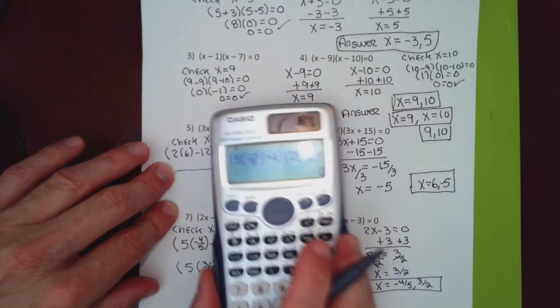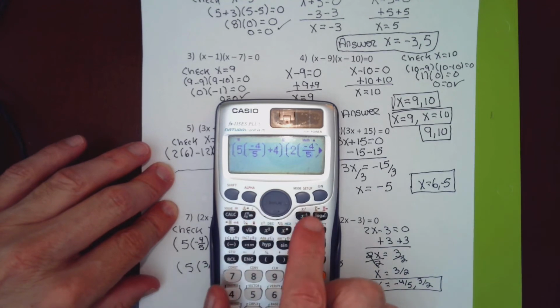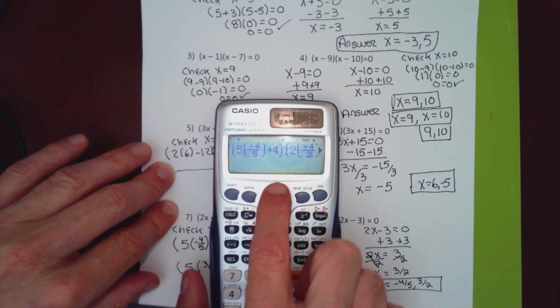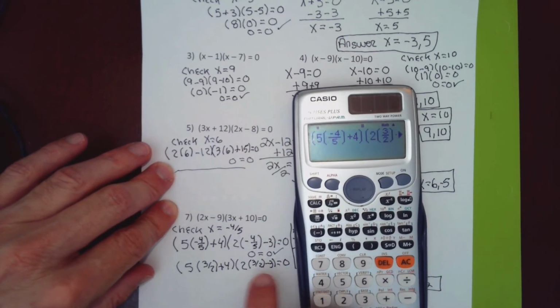I'm going to cheat check. On my calculator, I could just use the back arrow, and as I'm using the back arrow, I can get to the fraction. This denominator, if I hit the delete key, I can change to 2. Could run up to the numerator, delete, delete, change that to 3. So that's got the second parentheses correct.